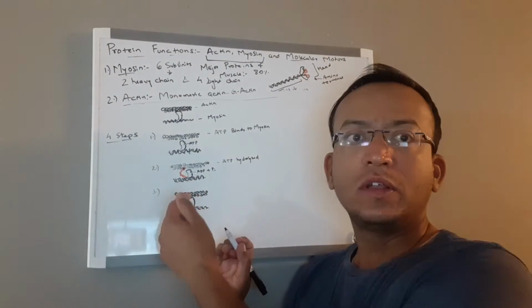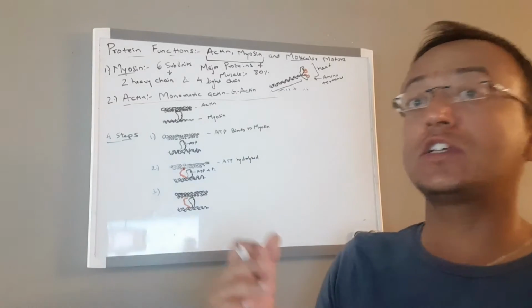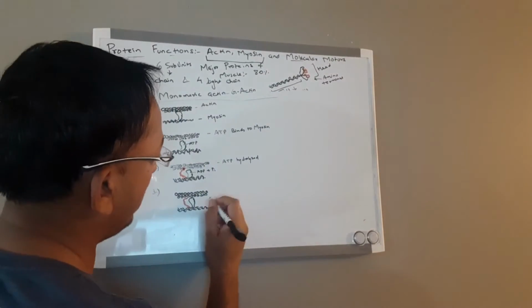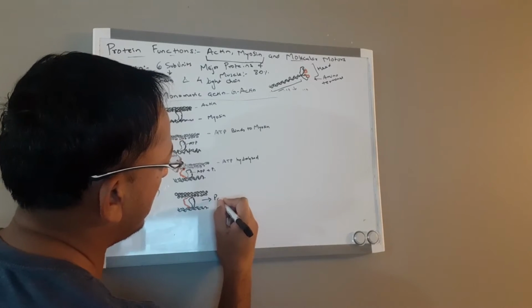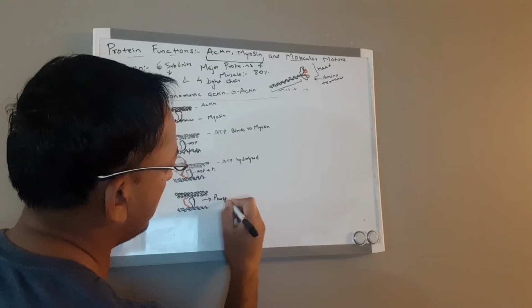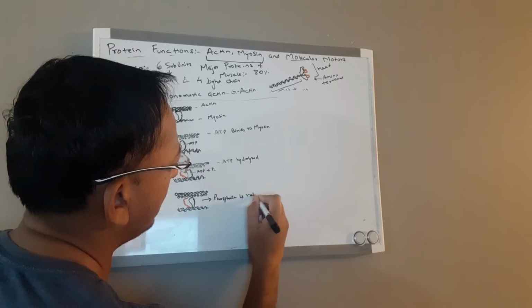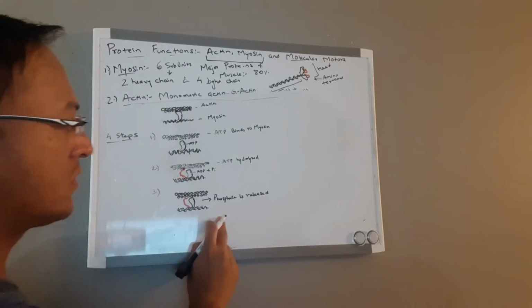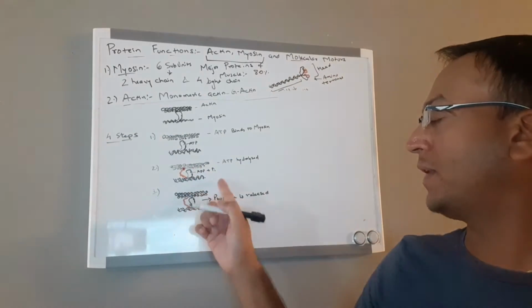So now, as the phosphate product of this ATP hydrolysis is released from the myosin in this step 3, what happens here? I will write phosphate, all right. Phosphate is released. In this step 3, phosphate is released, so it had ADP and phosphate.